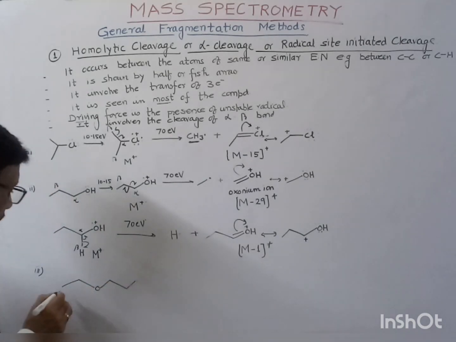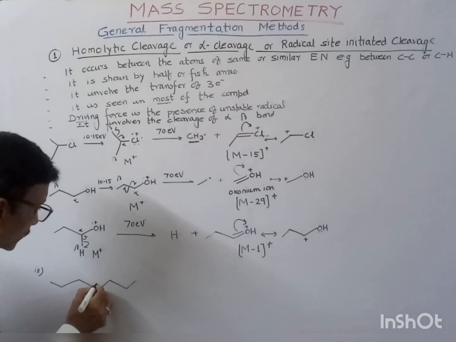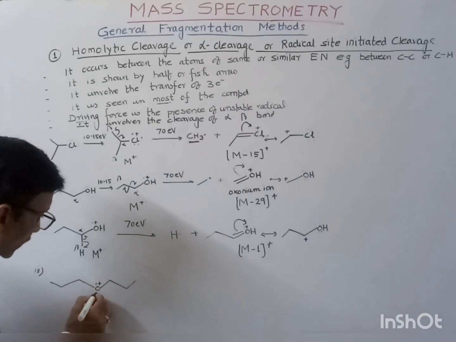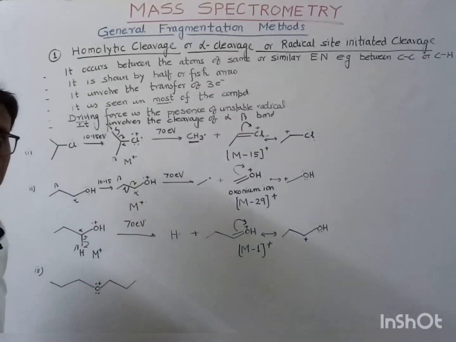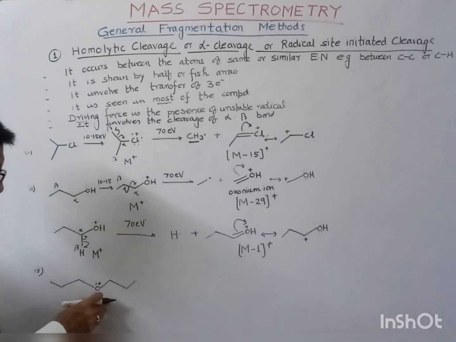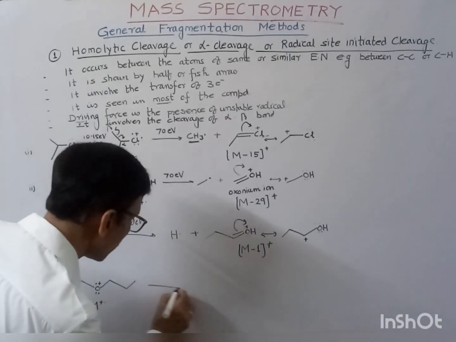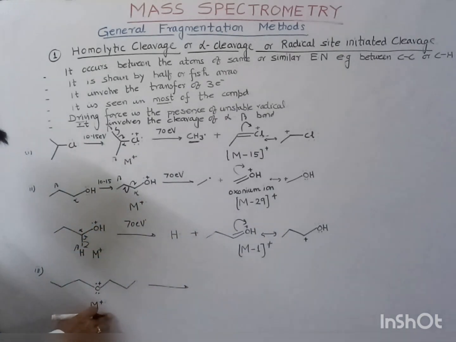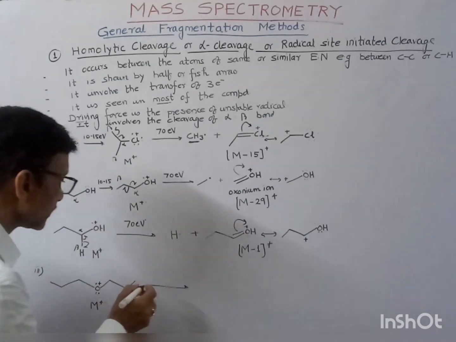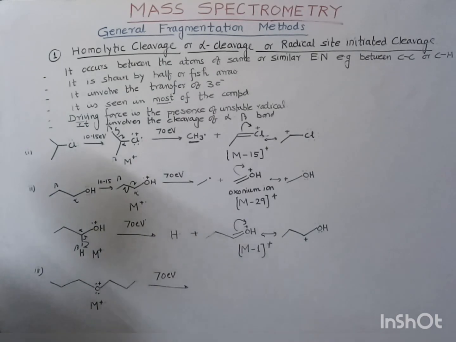So this is our ether, and this is the molecular ion which is developed after the loss of one electron. Ionization of this molecule takes place, and one peak will appear in the mass spectrum due to this molecular ion, and at 70 electron volt it will undergo fragmentation.